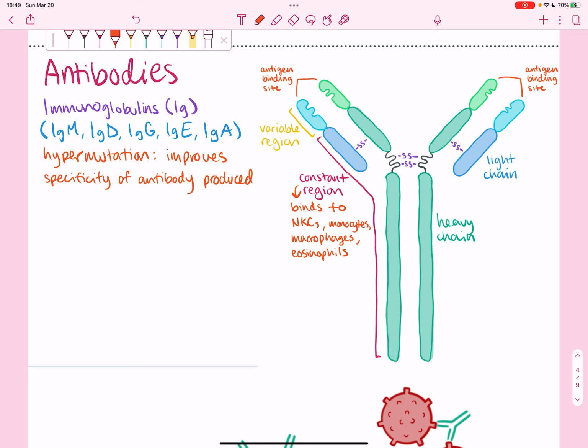And the variable region, gosh, I can't really write. Variable region.